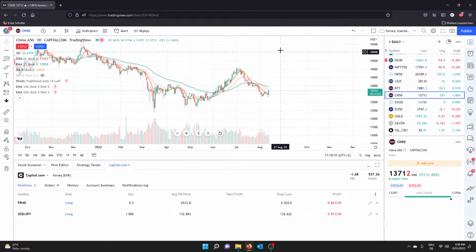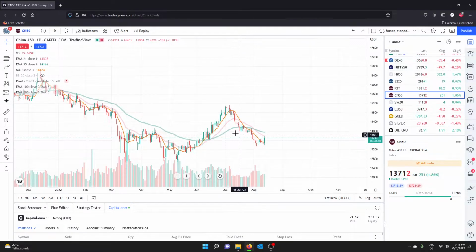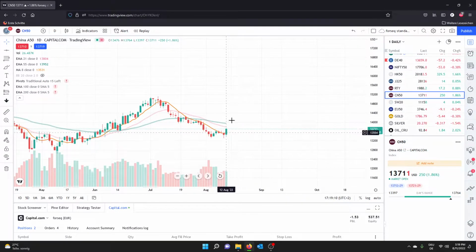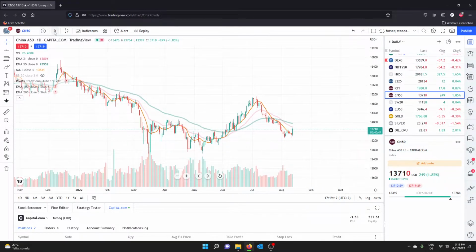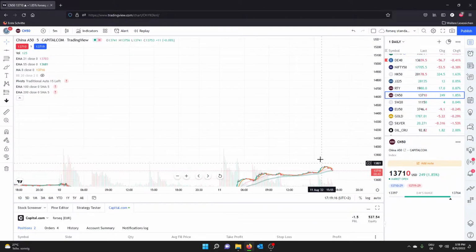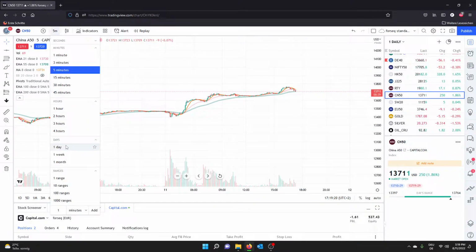Yeah, maybe this could be a long trade, because we are here in an area of resistance or support in this case, and have a pretty strong bullish movement here. But like with much other charts we looked at today, I would want to wait for a better signal.